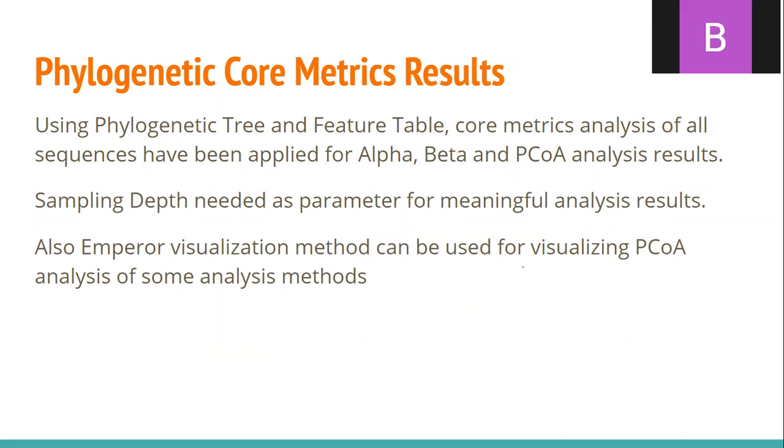I will obtain the alpha, beta, PCA and Emperor 3D clustering analysis with this core metrics results plugin. I need the feature table and phylogenetic tree for it, but I still need one more thing, which is the sampling depth parameter of my sequences.